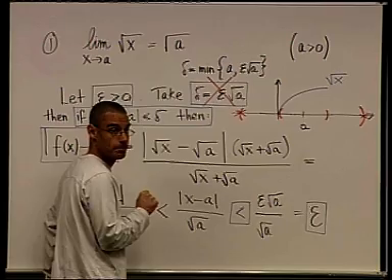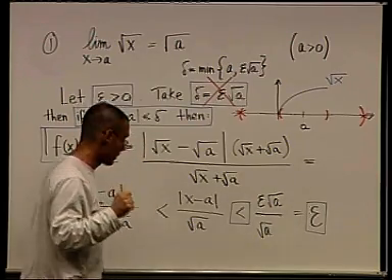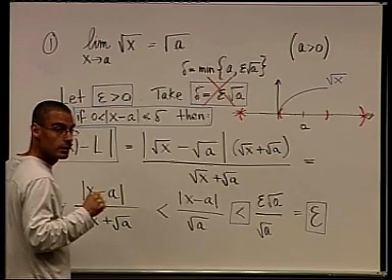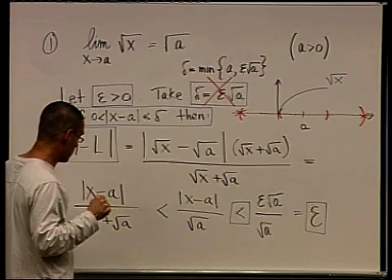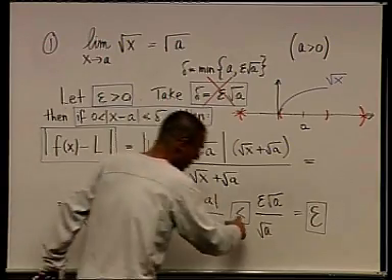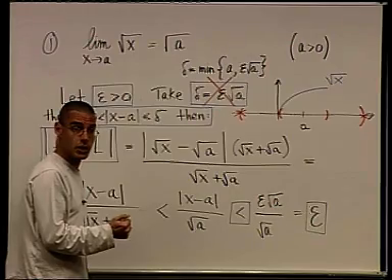Okay? Yes? Okay, so see how it says on the board absolute value of x minus a all over root of a is less than epsilon. Why do we want it to be less than epsilon? The question was, why do we want this to be less than epsilon? That's the definition.